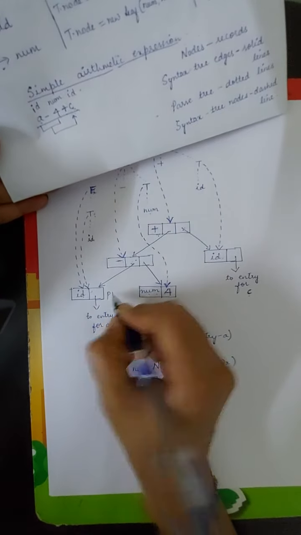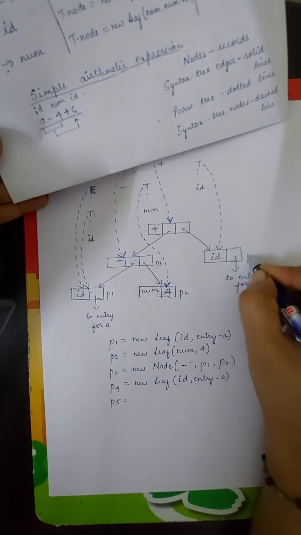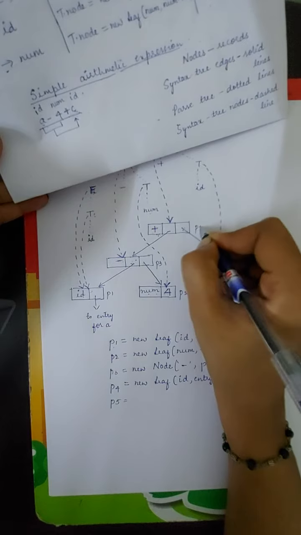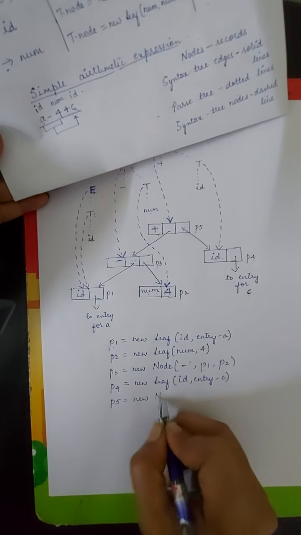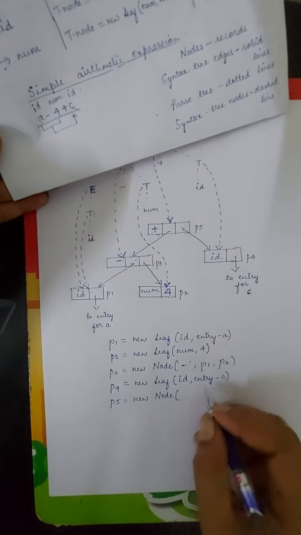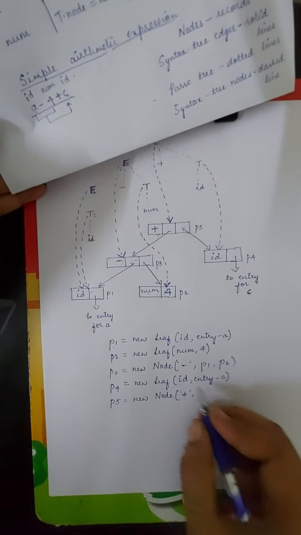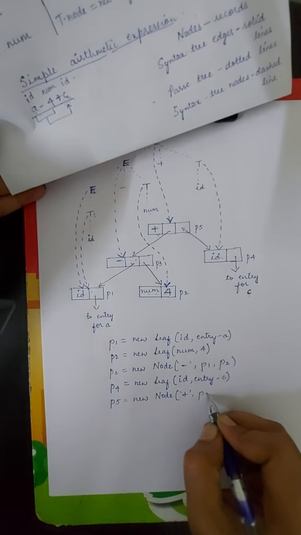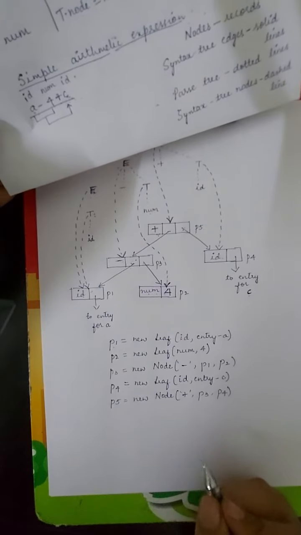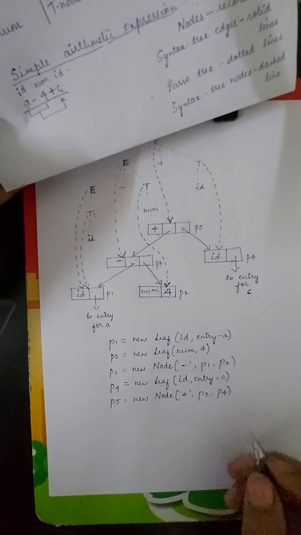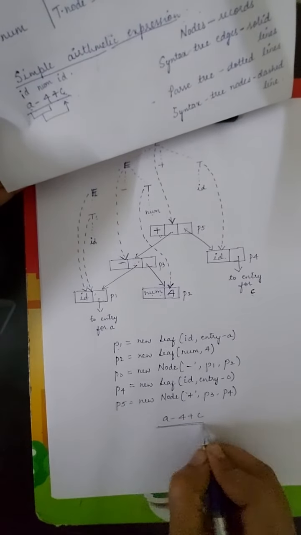This is P1, P2, P3, P4. This is P5. P5 is an interior node. For that, the constructor function is new node of plus comma P3 comma P4. Okay, so these are the steps for construction of syntax tree for A minus 4 plus C for this input string.